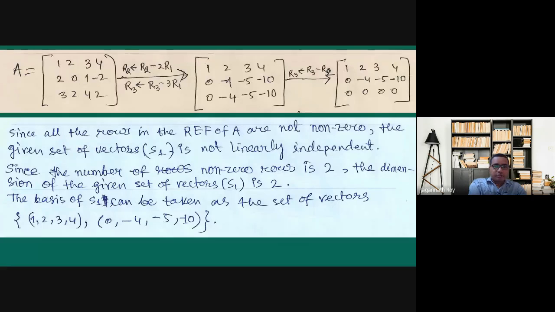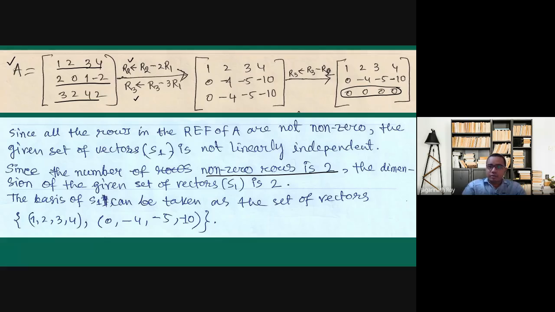We have written the given vectors as rows and applied the row operations. Now we find that it has a zero row, so the rank will be 2, with only two non-zero rows.